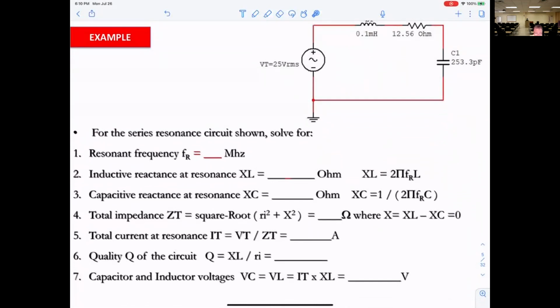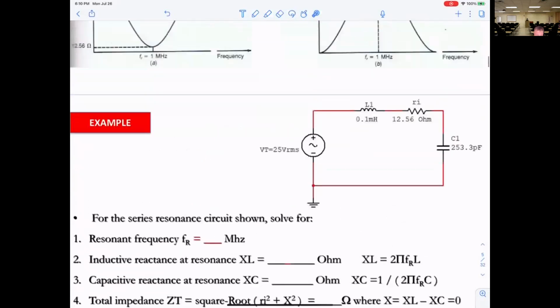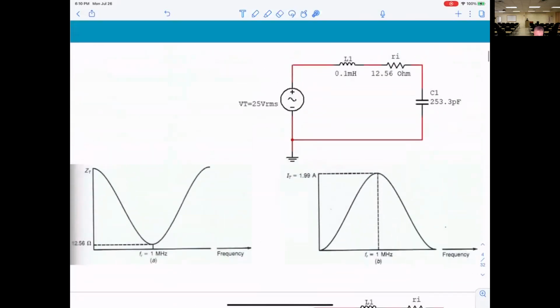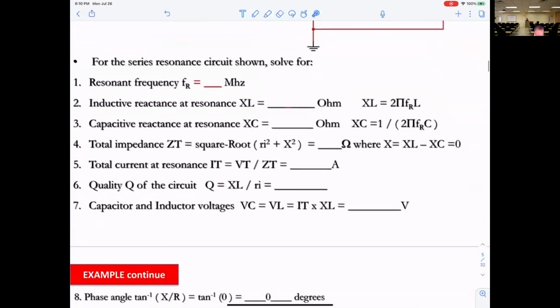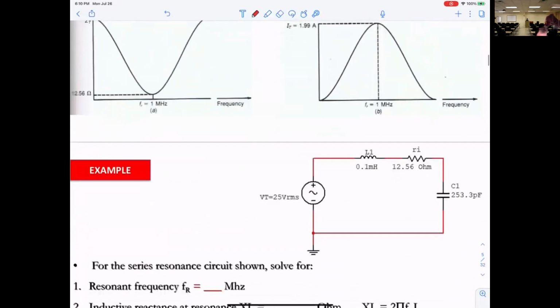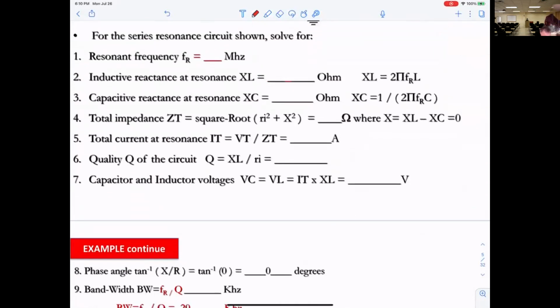We already have the same circuit, right? The same circuit. So I have given you the resonant frequency, which will be 1 megahertz. How do we calculate the reactance at the resonance, XL?